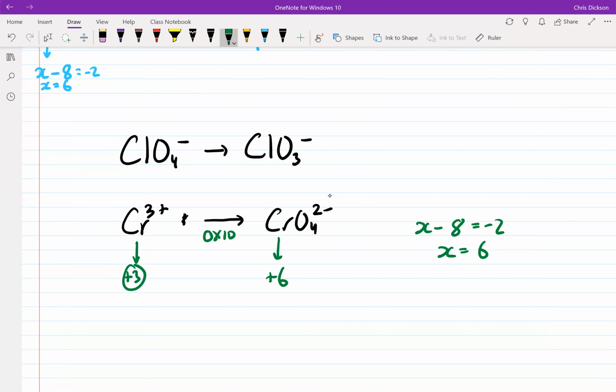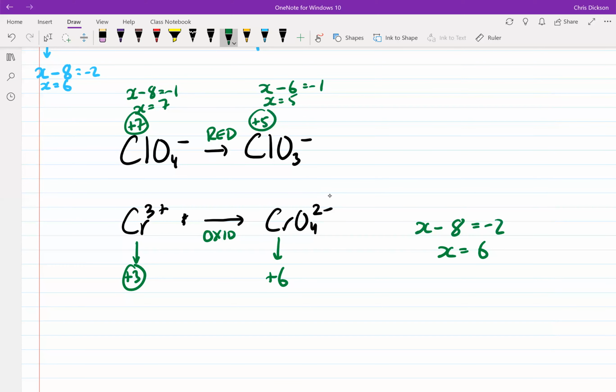And let's see what the next one is. Well, here you have x minus 8 equals -1, so x equals 7. So this is +7. And then over here you have x minus 6 equals -1, so you get x equals 5. And so that's clearly a reduction.